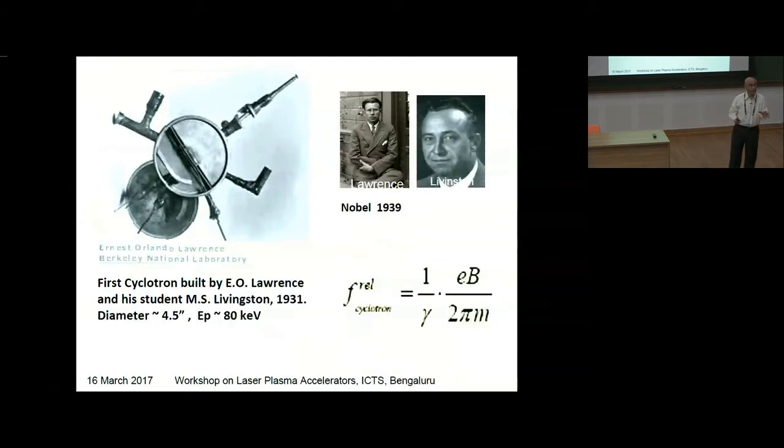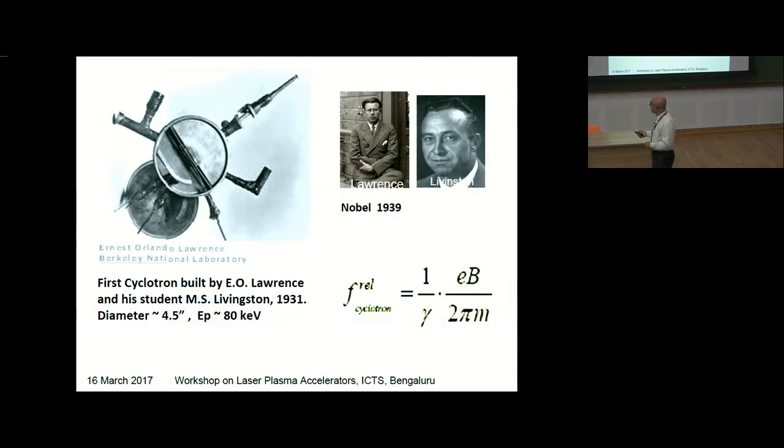And in fact, nature was kind to Lawrence because he got the acceleration and the magnetic field rotation frequency to match. Sorry, this is Ernest Lawrence, who did this. He was 27 years old at that time, and had just become an associate professor in Berkeley.